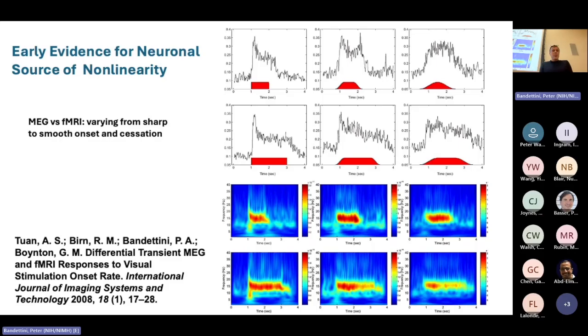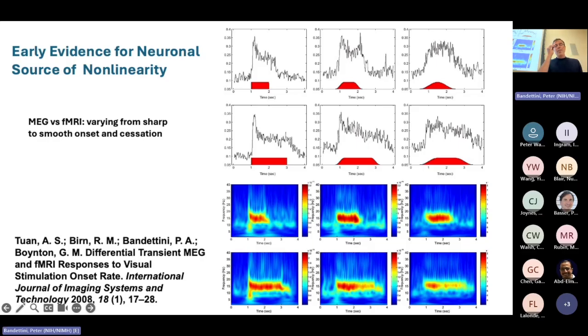And here's another example of nonlinearity. This is a study we did a long time ago with a post-bac in our lab, August Tuan. And this was back in 2008, where we did MEG studies along with fMRI studies and showed, this is the MEG plots and this is the fMRI plots. If you abruptly turn a stimulus on, you always get this transient. And with MEG, you notice this as well. And this was a flashing checkerboard of about 10 hertz.